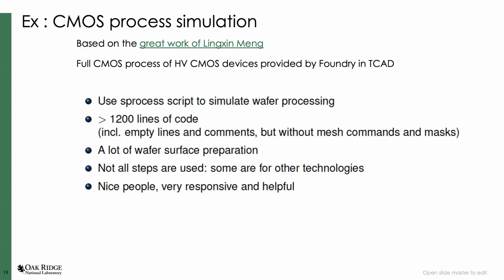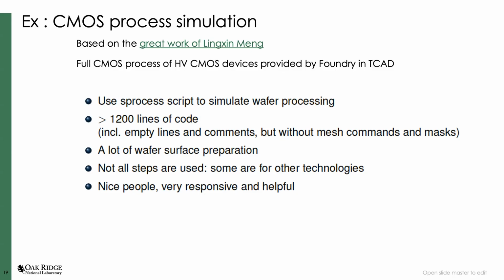We were quite lucky to have an NDA with the company, and that company had the full CMOS process of their foundry in TCAD files. Essentially, they gave us a project with all the tools, a workbench with everything to make one transistor in their technology, or a few different transistors.